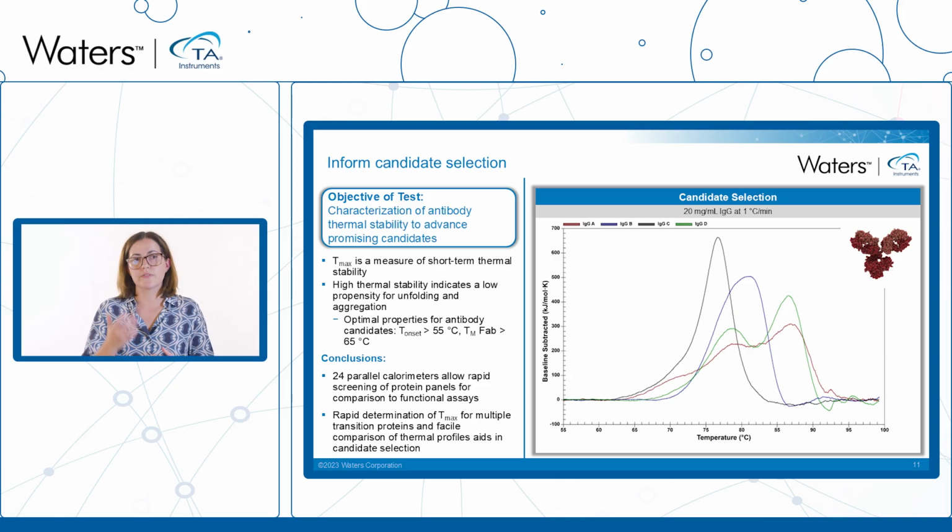Here we are seeing that differences in the binding region are going to affect the overall short-term stability of these antibodies. So again, this observation can be used to, for example, guide you through candidate selection.